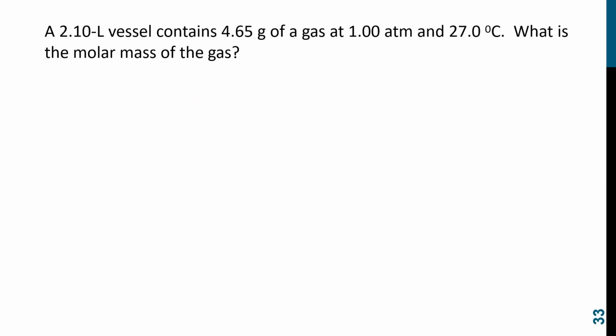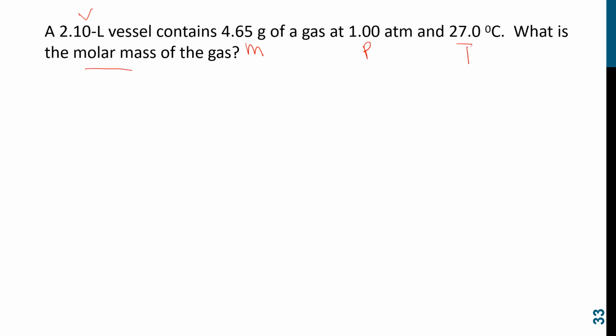So this is the example again. A 2.10 liter vessel contains 4.65 gram of gas at 1 atm and 27 degrees Celsius. What is the molar mass of the gas? Here we already have the volume, mass, pressure, and temperature.